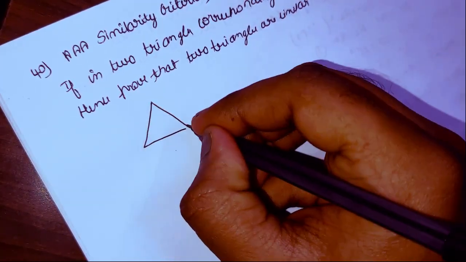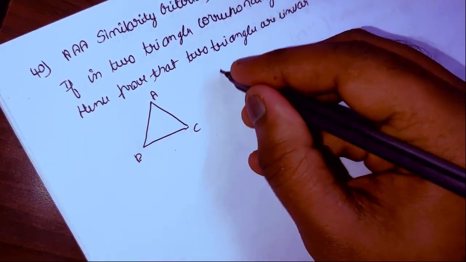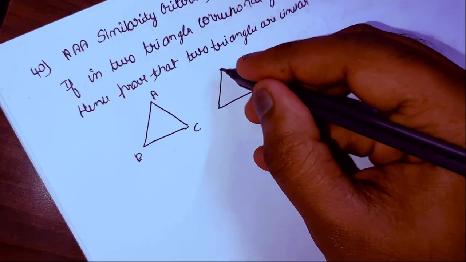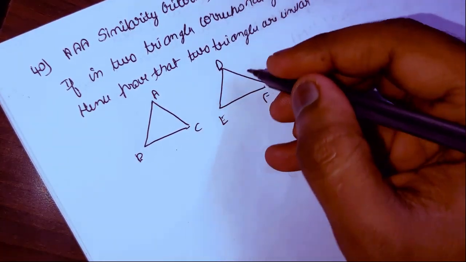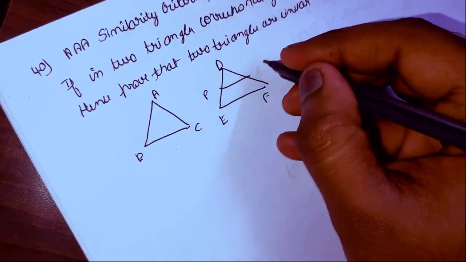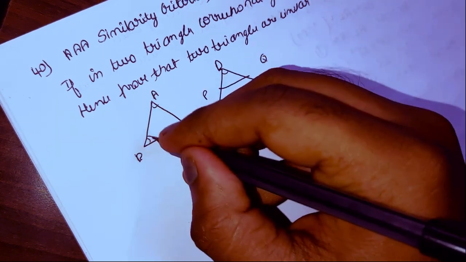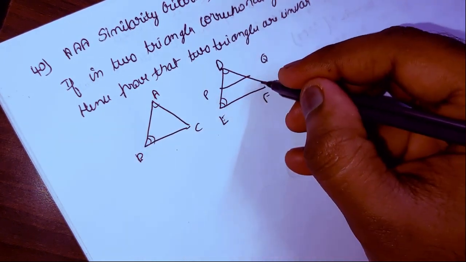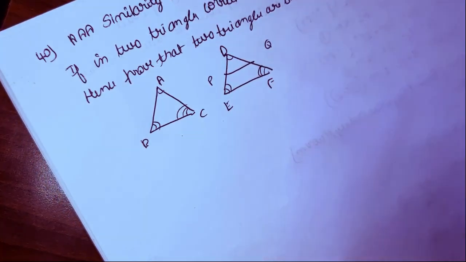We'll take two triangles for this proof, triangle ABC and triangle DEF, and we'll draw a construction here, PQ. This angle is equal to this angle, and this angle is equal to this.